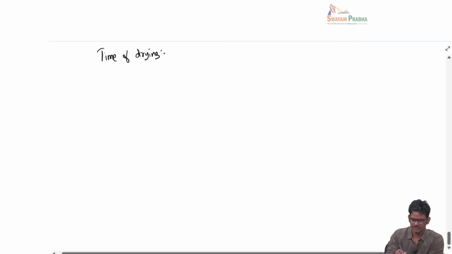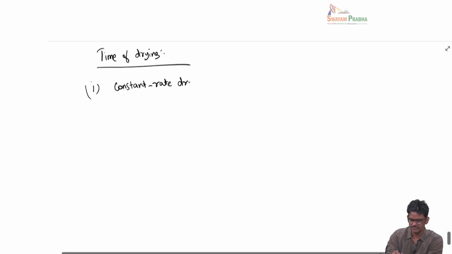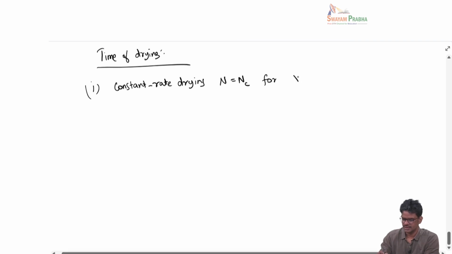Time of drying. Let's say I am looking at moisture content removal in the constant rate drying, where N is equal to NC for X greater than XC, where XC is the critical moisture content.